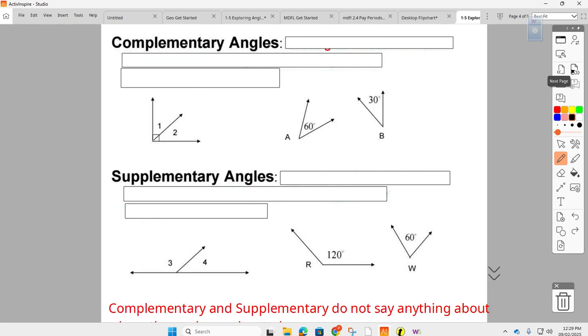Complementary and supplementary angles. You guys remember what this means from middle school? Charlie? I don't know, looks like you're raising your hand too. Oh, okay. Anybody remember anything about complementary and supplementary angles?